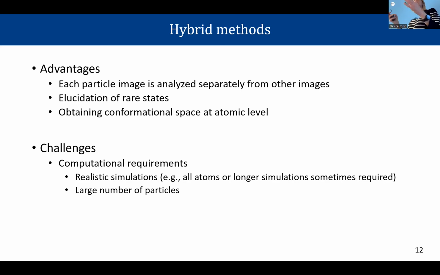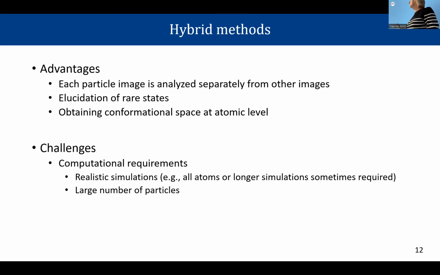You can use one 3D reconstruction from EM and still do something in normal modes. But I cannot present this method here. Generally, we always need some kind of preliminary shape. In this method, the advantage is that each particle is analyzed separately from other images. We can elucidate rare states, and we obtain this conformational space at atomic level.